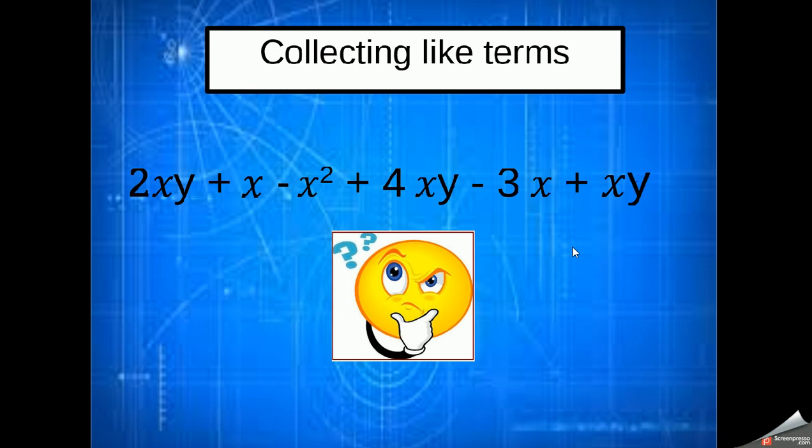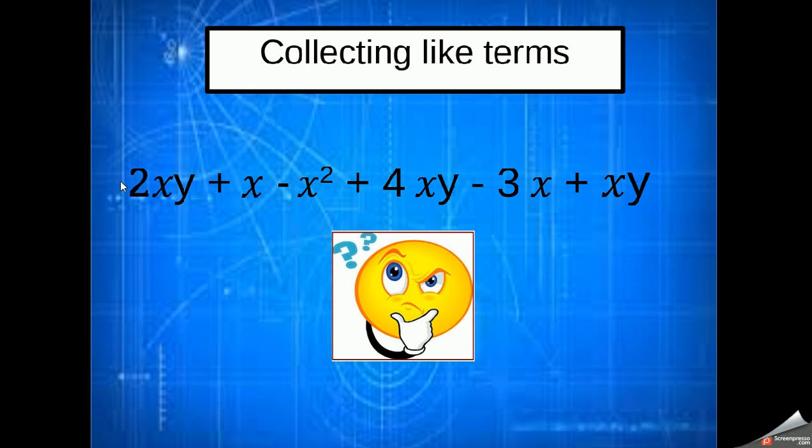Okay, so in an exam or whatever, you'll be given more complicated ones. This looks difficult, but bear with me, it's not that hard. We have got 2xy plus x minus x squared plus 4xy minus 3x plus xy. One thing to remember, note before I start, is that when you've got these terms, consider the symbol in front of it to be part of that. So you can see that I'm using the minus with the term.